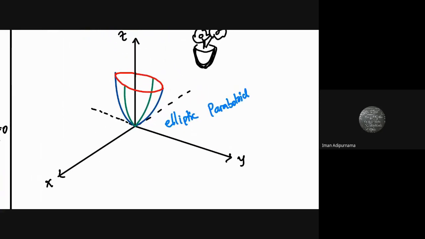If you want to trace the parabola, for example, from all this surface here, from the green one, you can have this tracing up until here, and also behind that, and also the blue one from here going to the front and going behind.